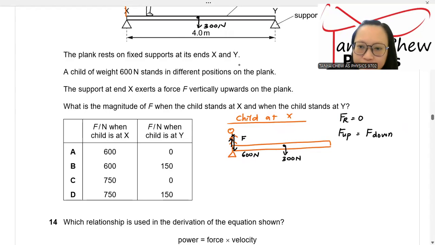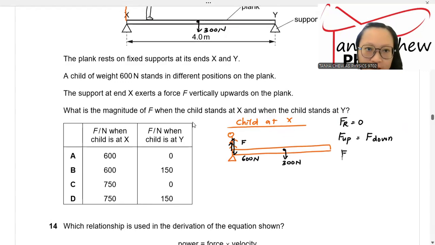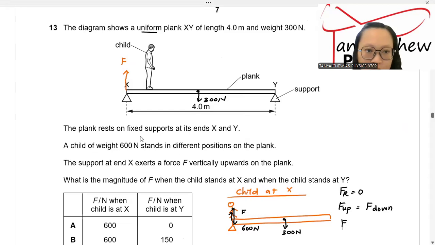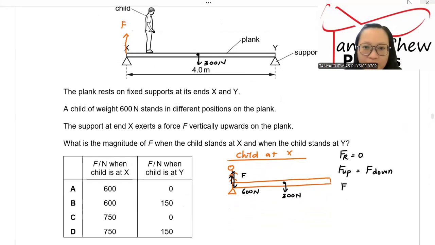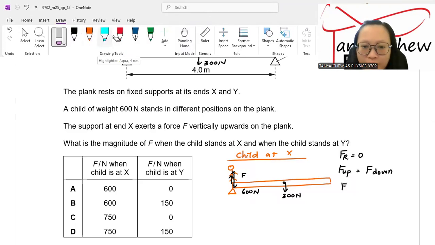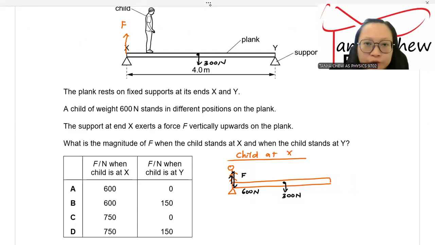Upward force, I only have F. The easiest way to do it is to find the resultant moment because the plank is horizontal.